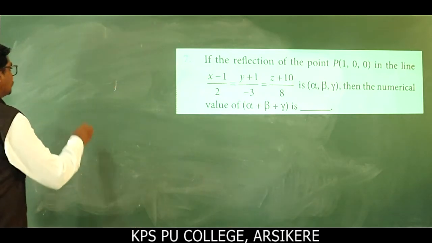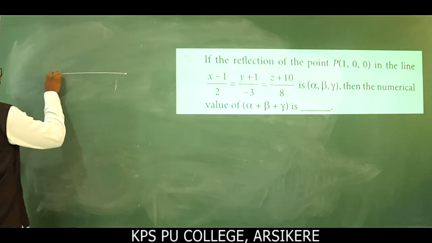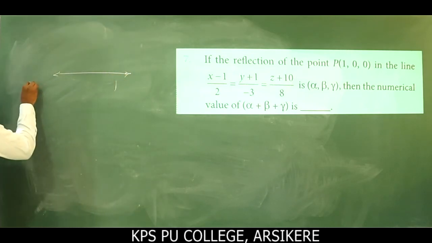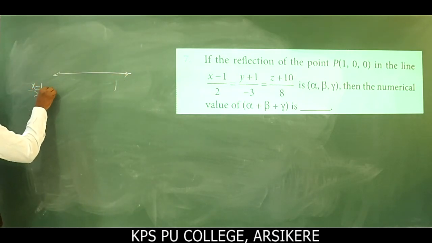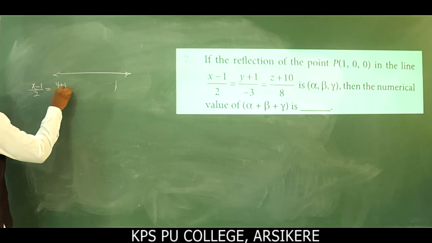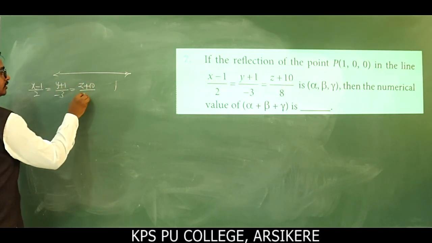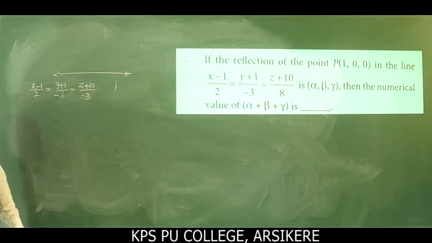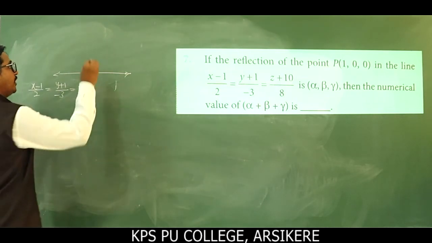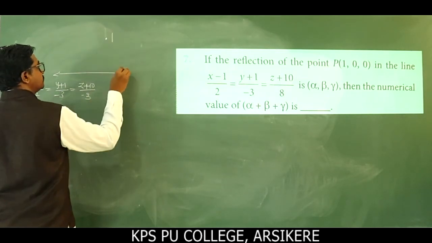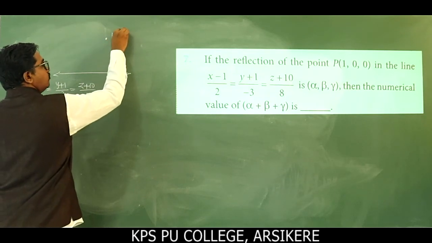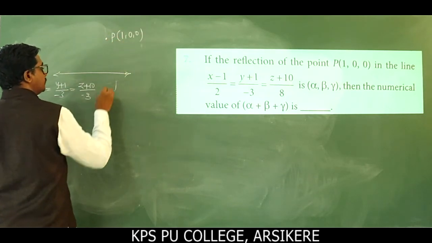Clear? Okay, just remember. So here we have the line. This is the line. What is the given line? x minus 1 divided by 2 is equal to y plus 1 divided by minus 3 is equal to z plus 10 divided by minus 3. Reflection of the point: this is the point P of 1, 0, 0.